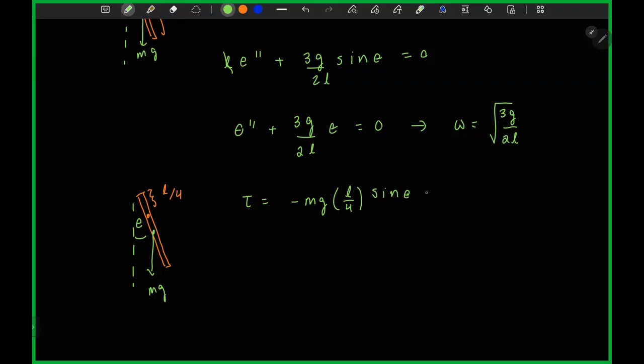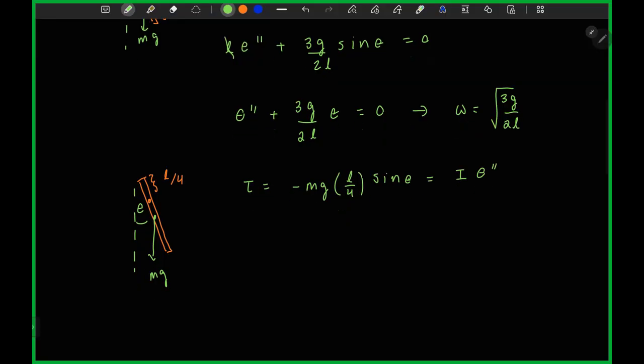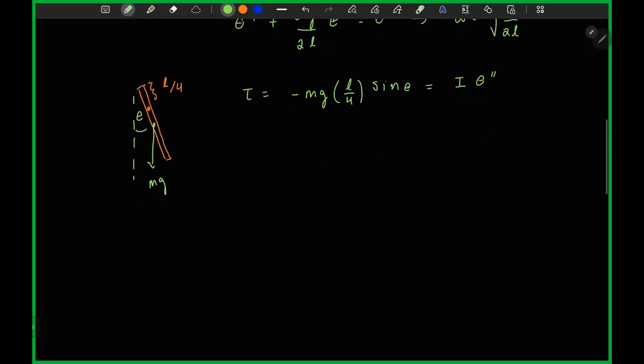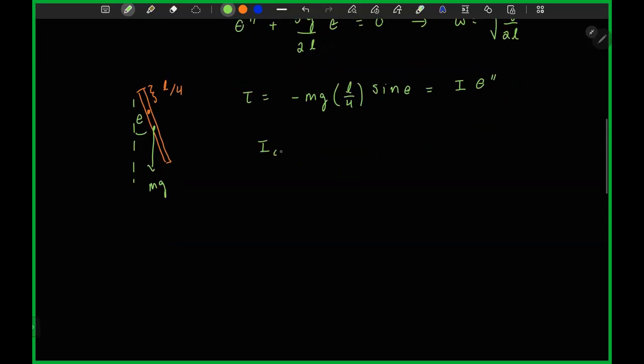And we now need to consider what our new moment of inertia is. We can start by saying I center of mass is equal to 1/12 ml squared, if you have that memorized. Otherwise, it's a good opportunity to review how to find it via direct integration.